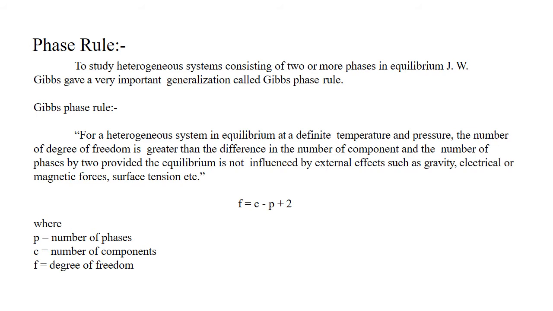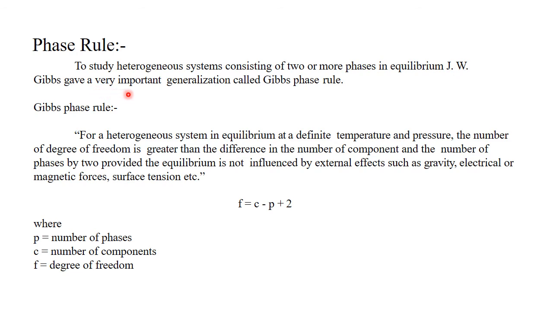Phase rule is used to study the heterogeneous system consisting of two or more phases in equilibrium. J.W. Gibbs gave a very important generalization rule, which is called Gibbs phase rule, or simply Gibbs rule, or simply phase rule.